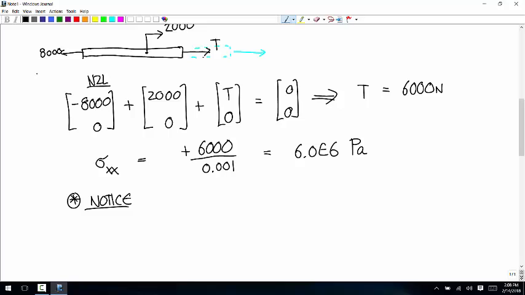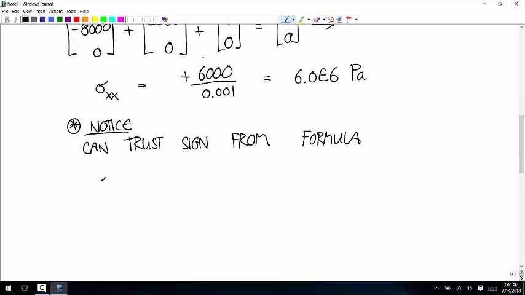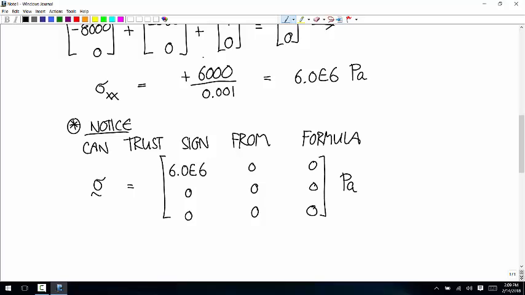So you can just trust the sign you get from that formula. Okay, so then to put that in a stress tensor, the stress tensor would be 6.0 times 10 to the 6, 0, 0, zeros everywhere else. Pascals.